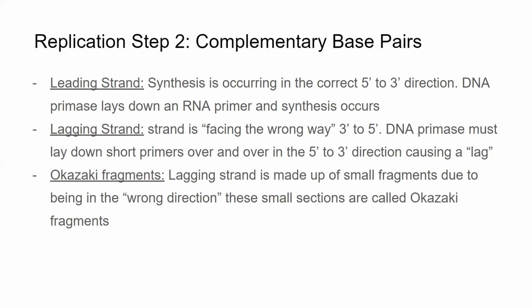The problem is that one strand of DNA runs 5' to 3', and the other strand runs 3' to 5'. That's called anti-parallel. The strands are anti-parallel to each other, which causes problems for DNA polymerase, which can only read in 5' to 3'. I'll show you that image in just a minute.